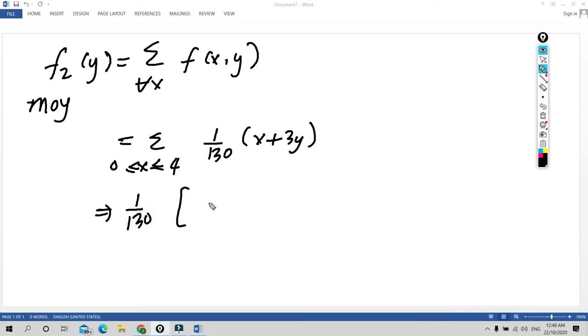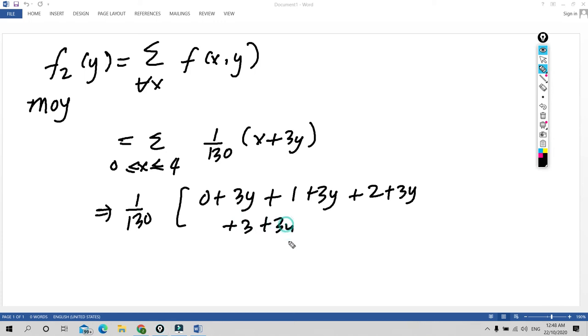The first x is 0, so 0 plus 3y, plus the second x is 1, 1 plus 3y. And we have the third one, 2 plus 3y. The fourth one is 3 plus 3y. And the fifth one is 4 plus 3y.